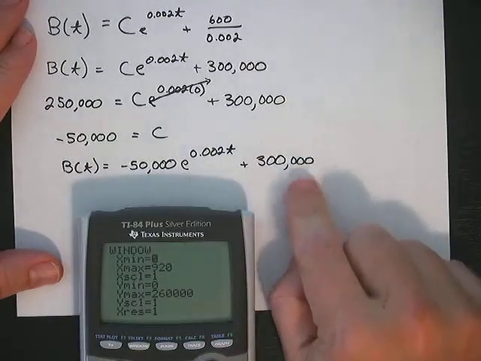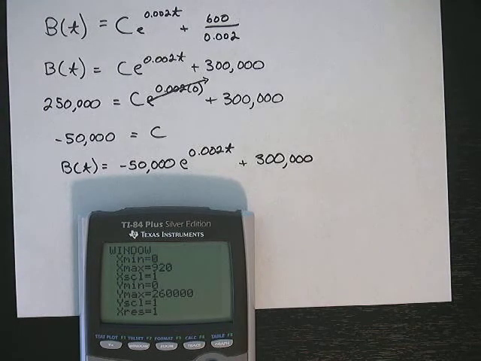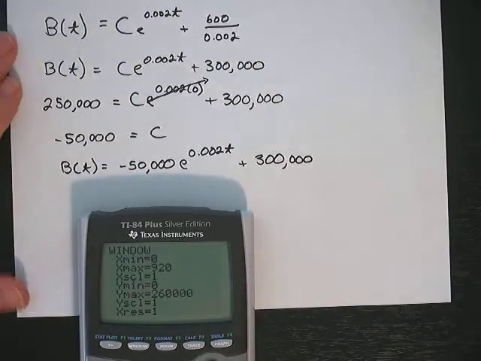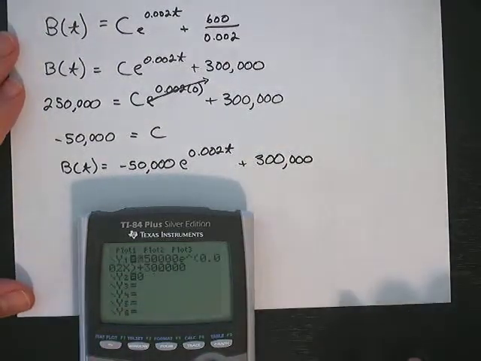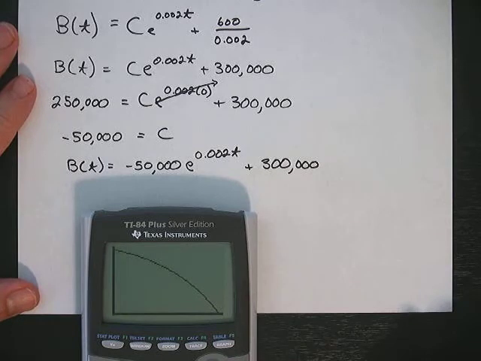It's going to go pretty high up on the y, it could go up to 300,000. Remember, this is an upside down exponential, so it's going to look like this. I went ahead and typed it in the calculator. There it is. You can pause if you need to look at that. And then there's the graph.